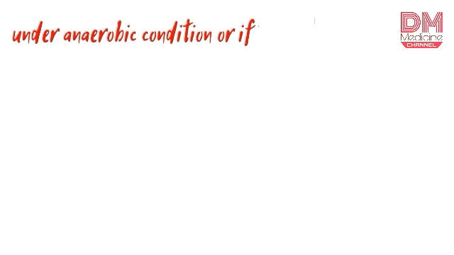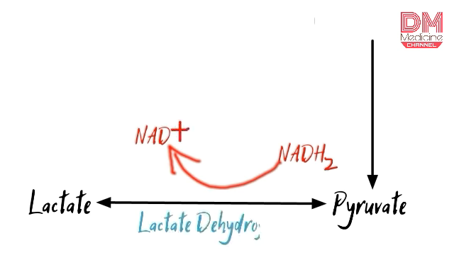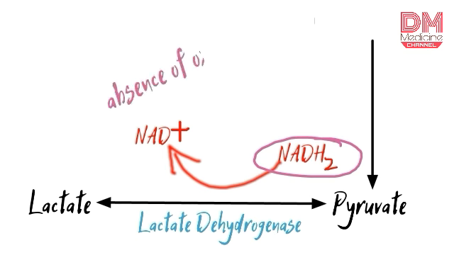Under anaerobic conditions, or if there is no oxygen, pyruvate is reduced by NADH to lactate in the presence of the enzyme lactate dehydrogenase. The NADH utilized in this step is obtained from the reaction catalyzed by glyceraldehyde 3-phosphate dehydrogenase. The formation of lactate allows the regeneration of NAD+, which can be reused by glyceraldehyde 3-phosphate dehydrogenase, so that glycolysis proceeds even in the absence of oxygen to supply ATP.